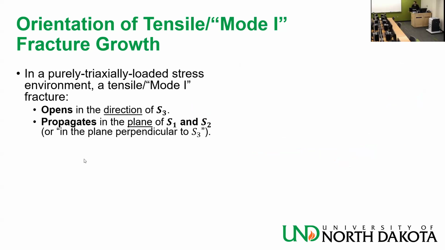Now, why do we drill wells parallel to SH mean? It's the normal sort of rule of thumb. Drill the wells parallel to SH mean. This is the way you're going to get the fractures the way that you want them. Otherwise, you won't.